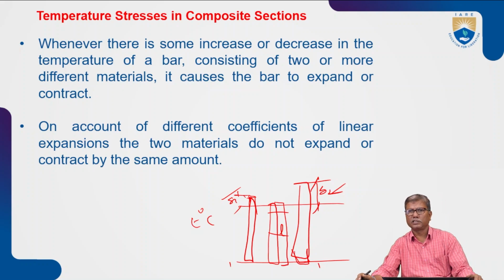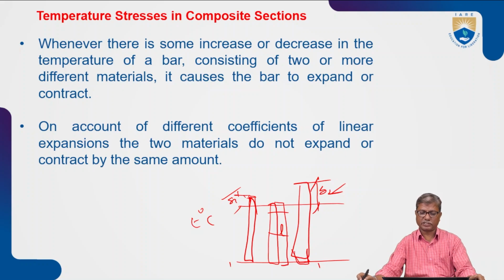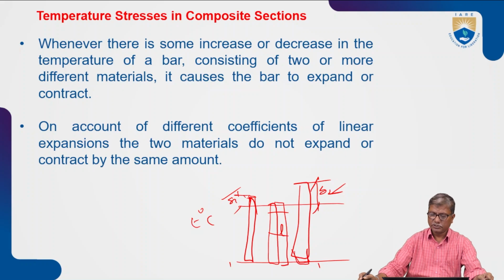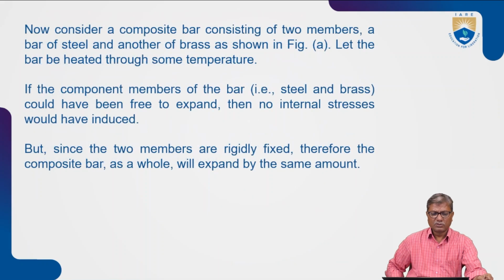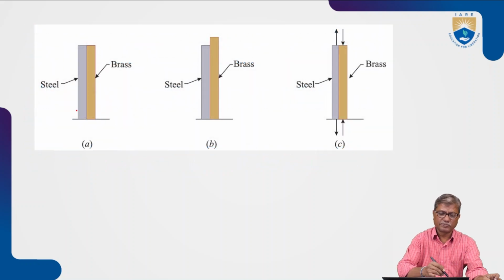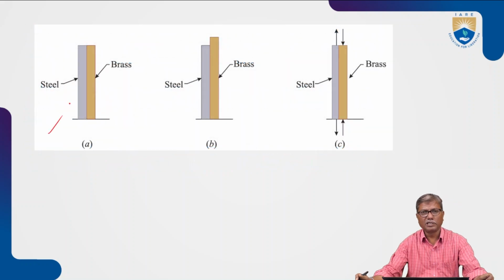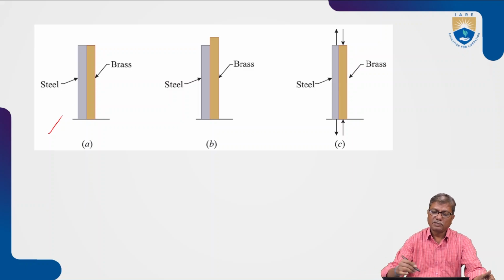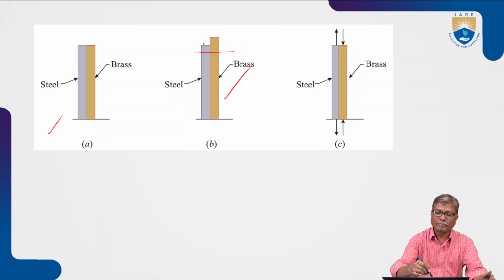then what happens? So, when two materials are rigidly fixed, let us suppose one material is steel, one material is brass. When they are free to expand, they will expand by different amounts, delta 1 and delta 2.